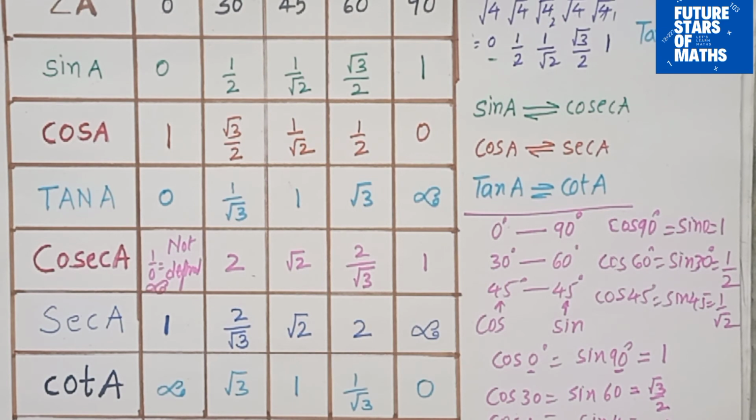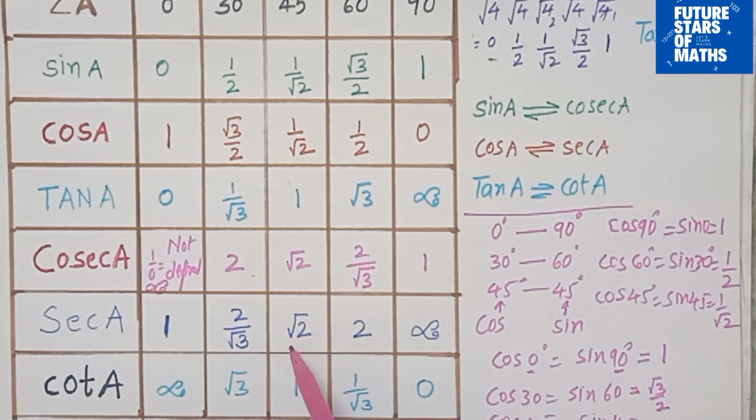Now after writing this, if you don't want cos, you want secant, then whatever answer you got for cos 0, you just write the reverse, the inverse of this. 1 by 1, so it will be 1 only. Similarly, if you want secant 45, find out the value of cos 45. It is 1 by root 2. So reverse this. What is it?